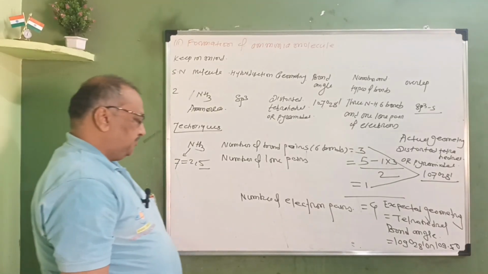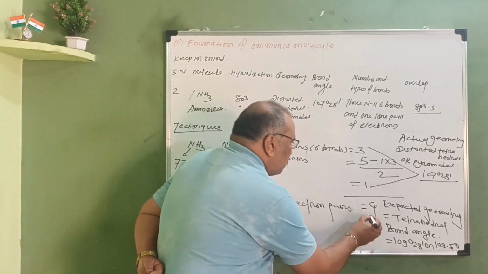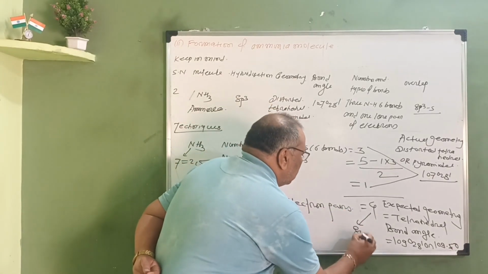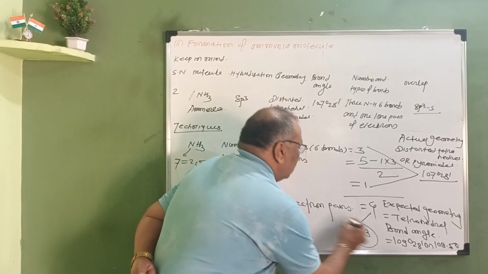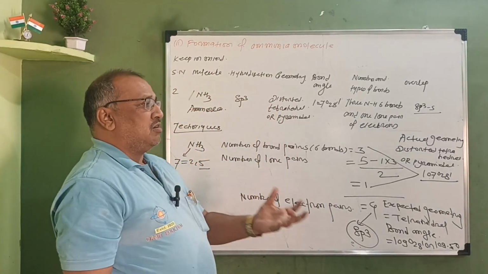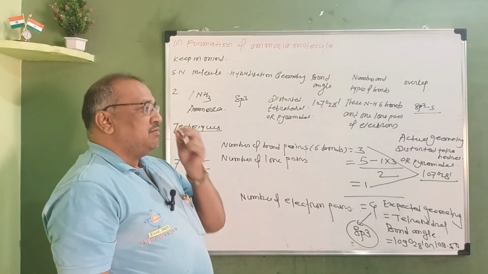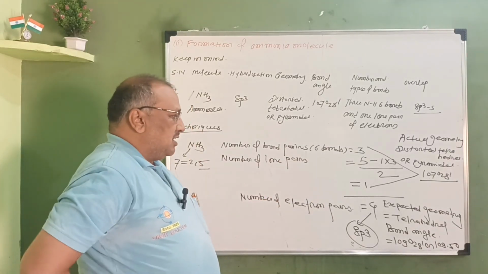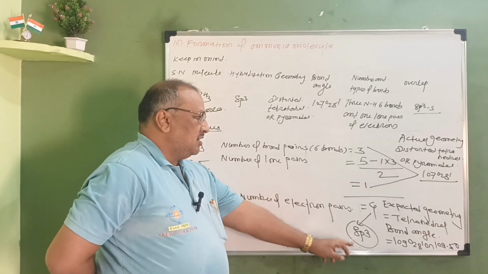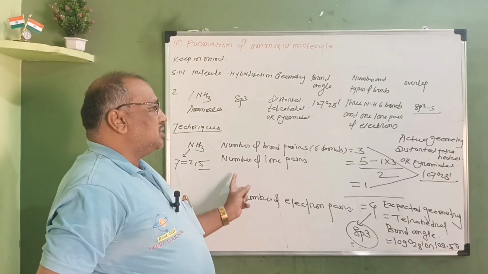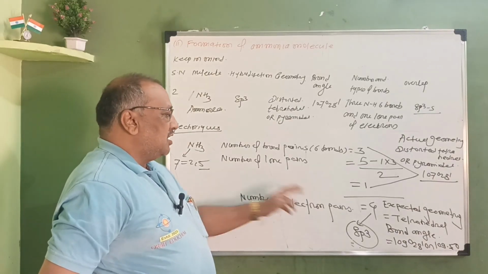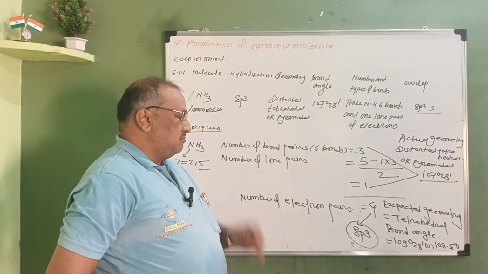Here the total number of electron pairs is 4, meaning 4 hybrid orbitals are required, and tell me which hybridization gives 4 hybrid orbitals? sp3. That means the nitrogen atom present in ammonia undergoes sp3 hybridization.